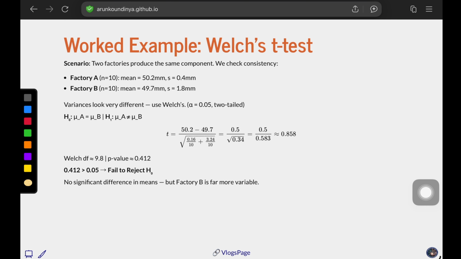Say for example, we want to check whether factory A and factory B are consistent in production. The null hypothesis is that they have the same consistency, and the alternative hypothesis is that they don't maintain the same consistency levels. Here we got a p-value and we fail to reject the null, because the p-value is very high.